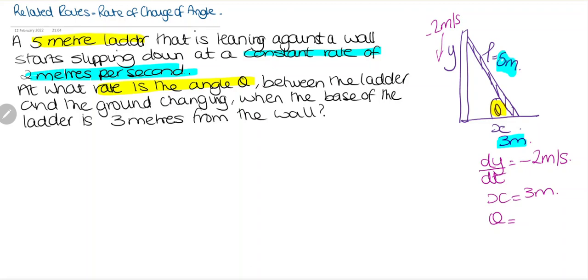So cosine of theta is going to be x divided by L. Now L is 5, so I'm going to replace L with 5. So we're going to write down cosine theta is x over 5, and we need to differentiate.